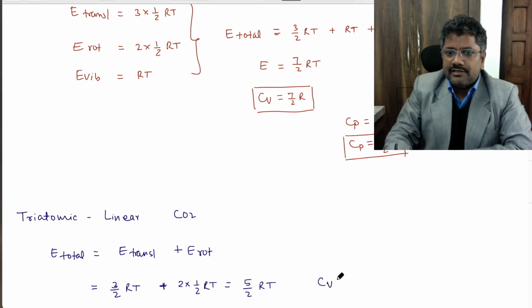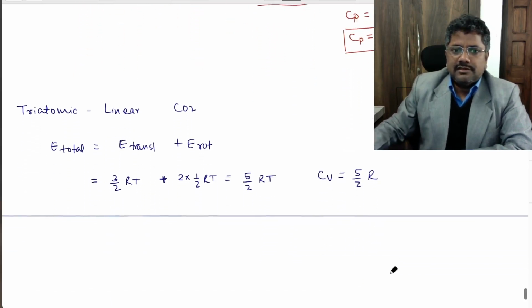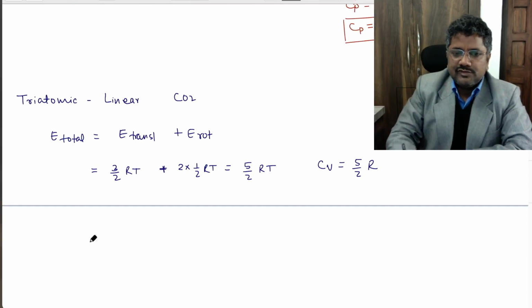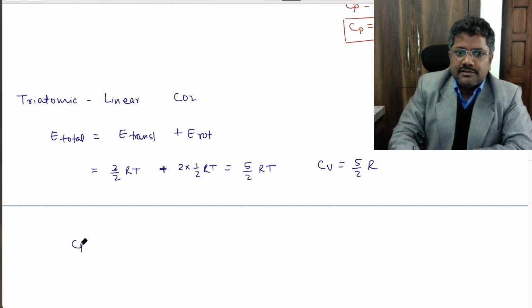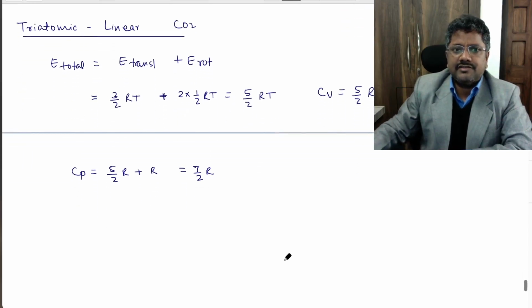So CV is equal to 5 by 2 R, right? But CP is equal to 5 by 2 R plus R, 7 by 2 R, right? So for triatomic linear like carbon dioxide, your CP and CV are like this.